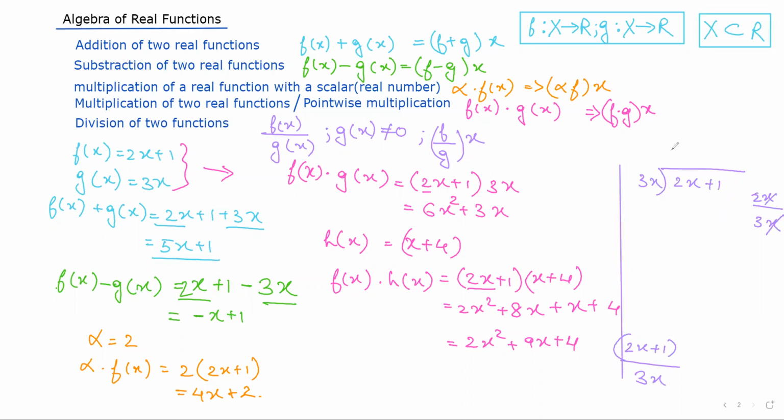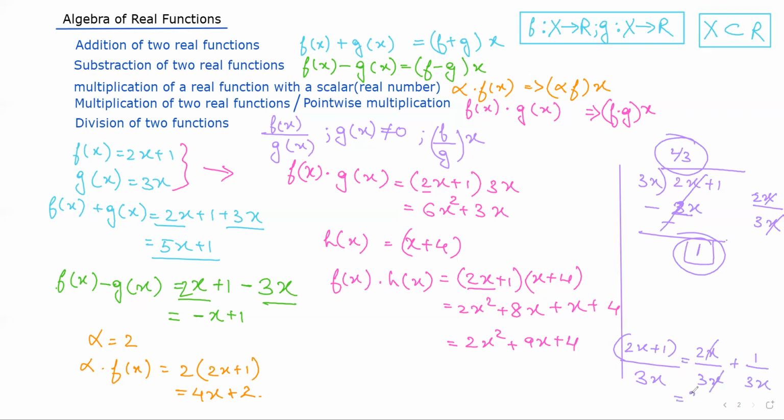X gets cancelled, left with 2 by 3, and here you have 3x. Subtract, and you get 2x, subtract, and you get the remainder as 1. So your quotient is 2 by 3, and this is your remainder. Or you can split it, say 2x upon 3x plus 1 upon 3x.